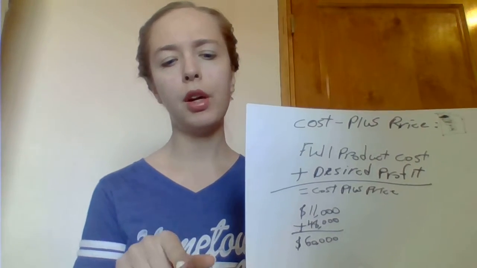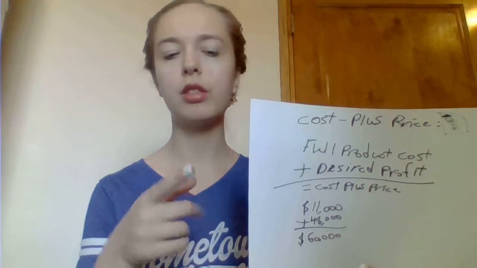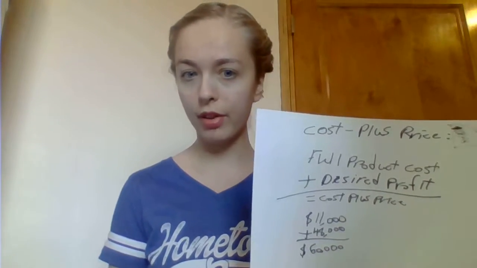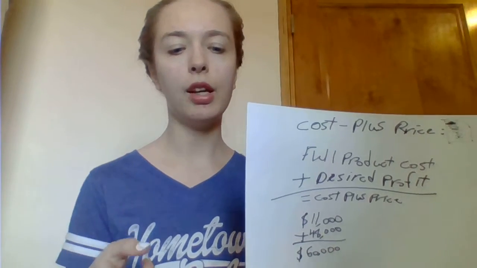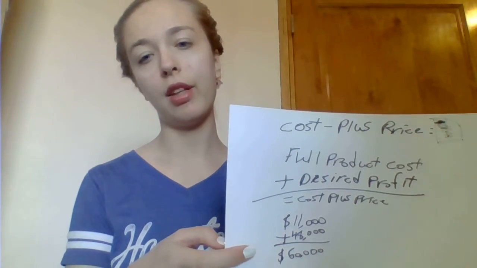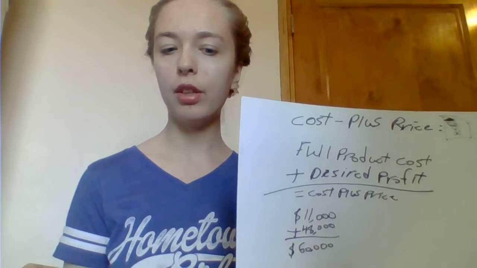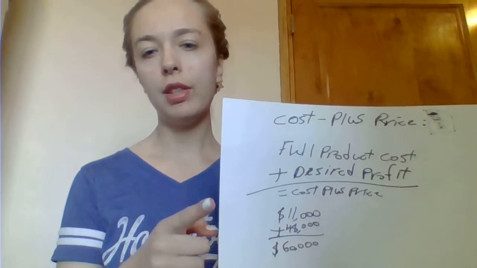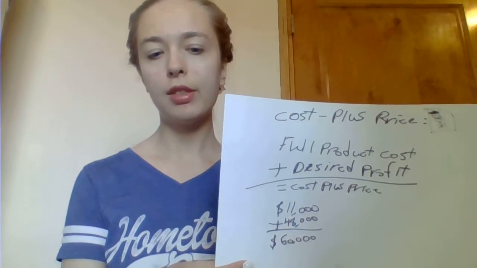So our full product cost, as we determined, was the $11,000. That's to make and produce and deliver any of our service or products that we have. Next, we're going to add back in that desired profit, and our desired profit was $48,000. Now, $11,000 plus $48,000 is going to give us a cost plus price of $60,000.